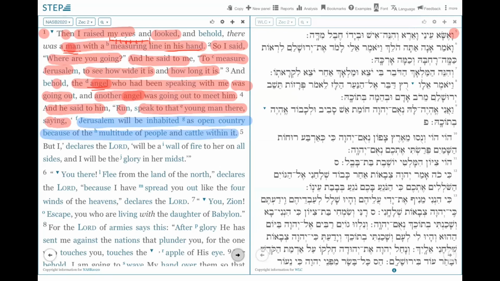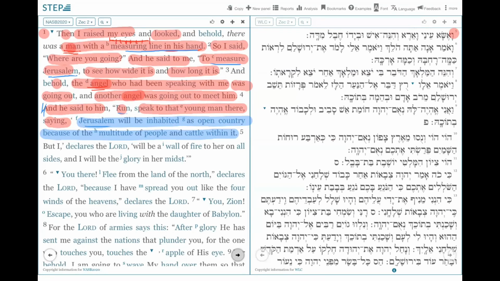It is important for us to note that while the measurement is measuring the actual size of Jerusalem at the time of Zechariah, it appears that right here, he said to him, "Run, speak to the young man there to tell him Jerusalem will be inhabited."